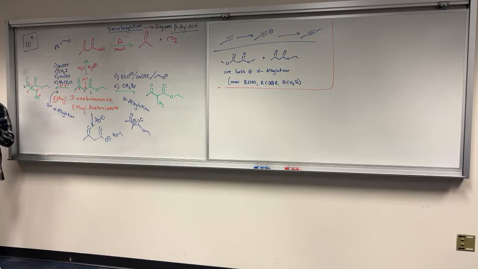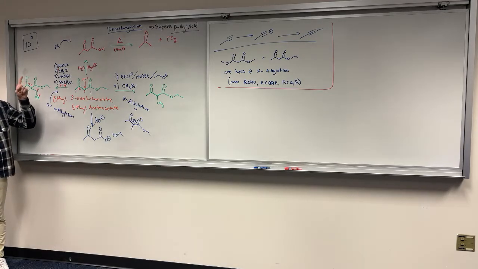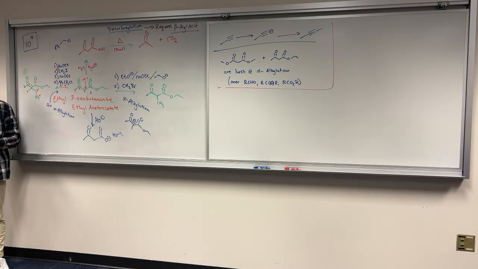This requires a beta-acyl acid. I almost wrote beta-keto acid because that's the way that it's often said, but it doesn't need to be a ketone group. It just needs to be a carbonyl. But if it's not related at a beta position, then it will not work.